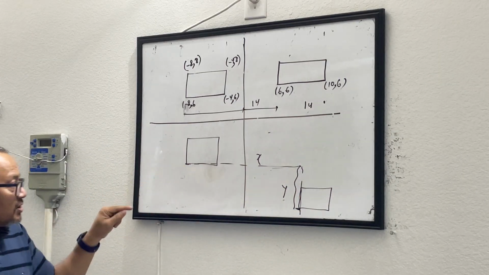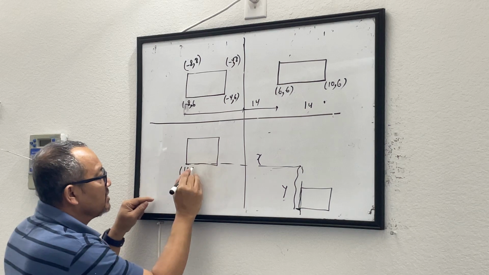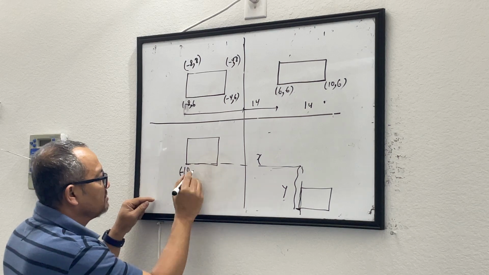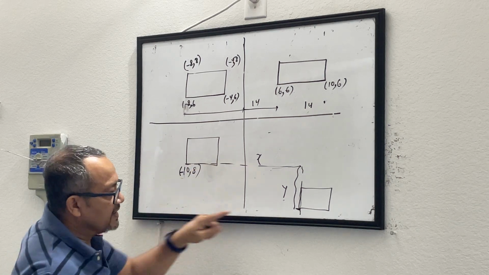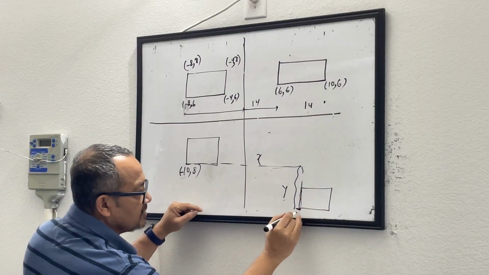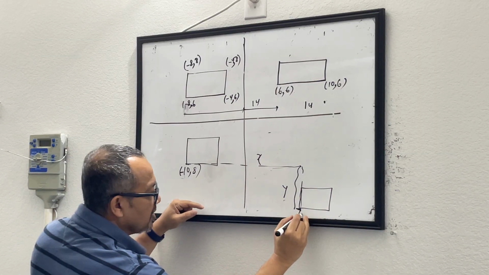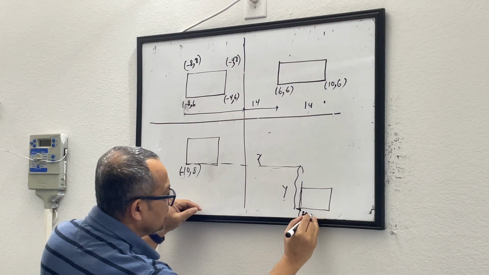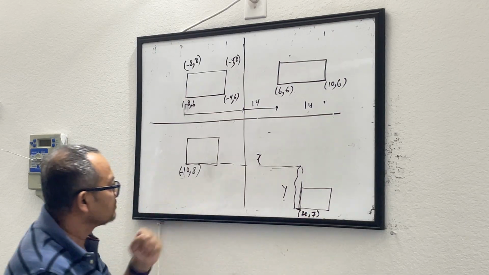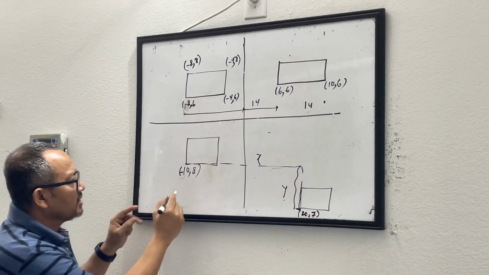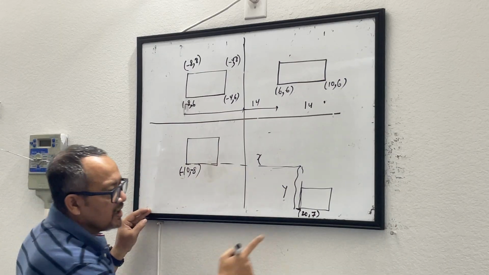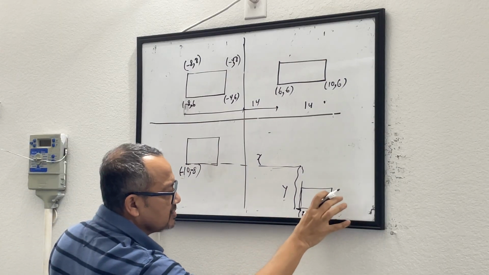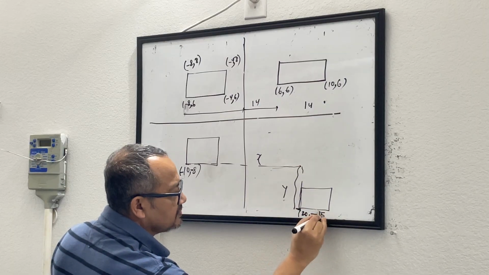Once you find that out, let's say this was 10 comma minus 10 comma let's say 8, and this point has the coordinate 20 comma let's say 7. This cannot be 8, this is minus 8, and this is minus 15.